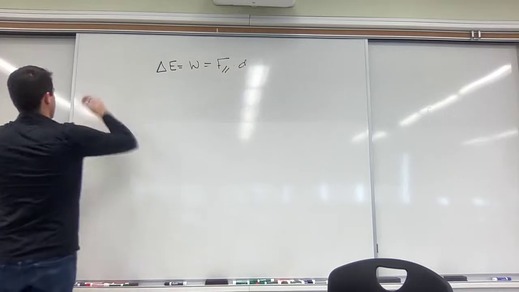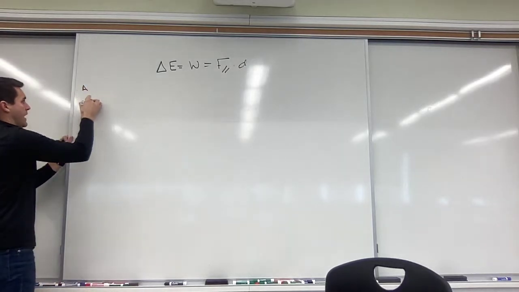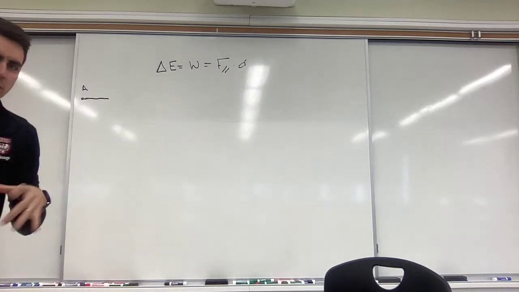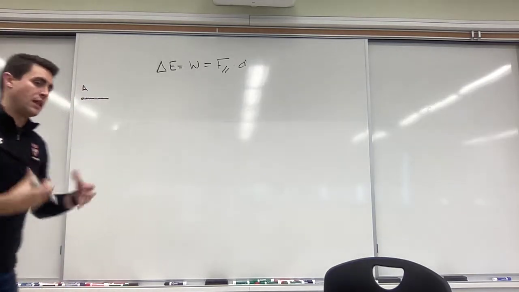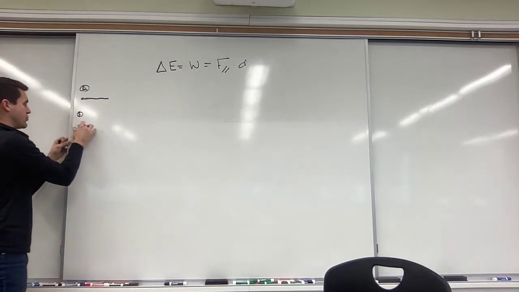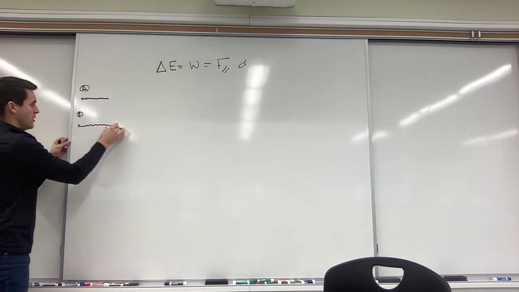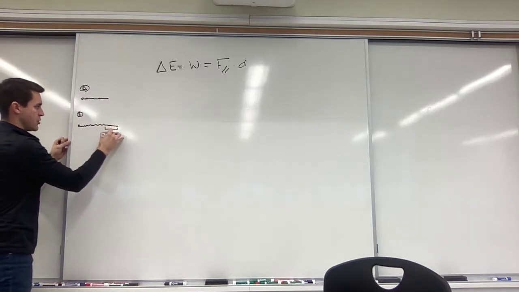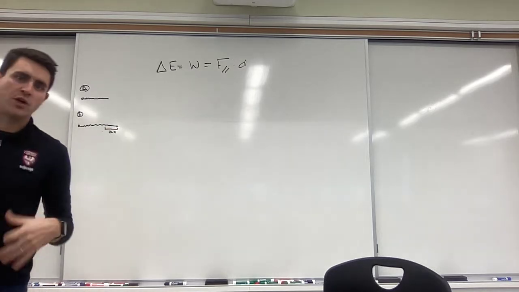If I think about initially, or let's say at point A, here is my spring, and it's not stretched at all. It's at what we call its natural length. At point B, I have stretched the spring to a location further. I've stretched it from here to here, and we call this the displacement of the spring, or delta x.